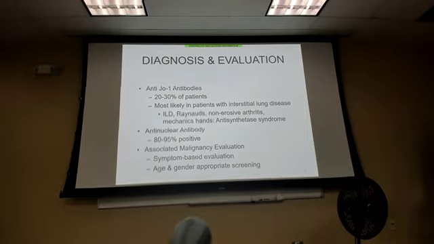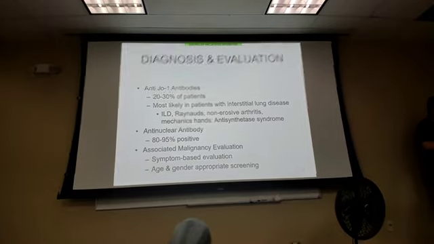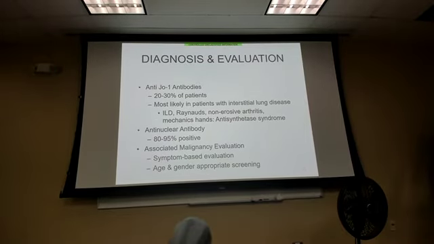We can also look into other things, such as anti-Jo1 antibodies; 20-30% will have those, most likely in patients with interstitial lung disease, so that ILD, which we talked about. Also Raynaud's, non-erosive arthritis, and mechanic's hands, so they have anti-synthetase syndrome. ANA, we know that's elevated in everybody.